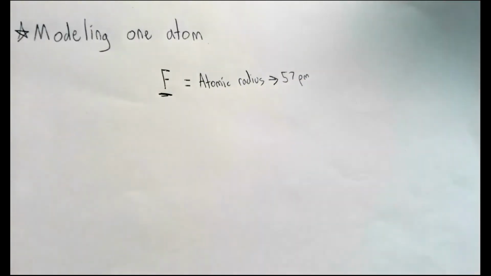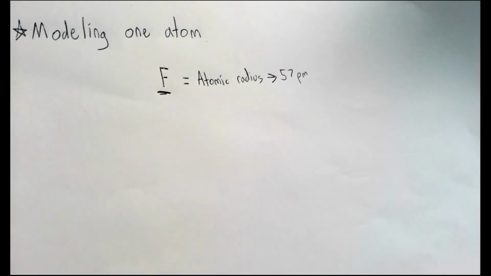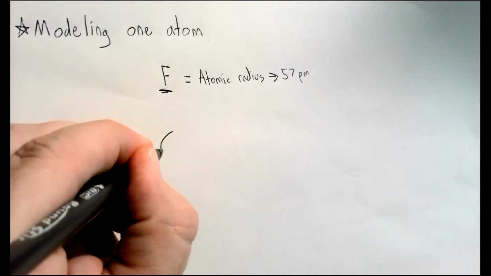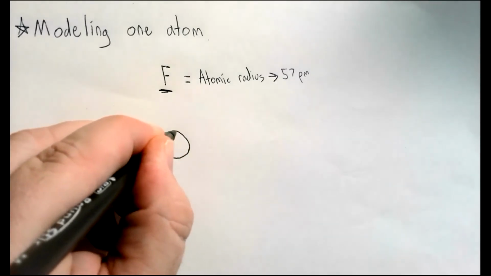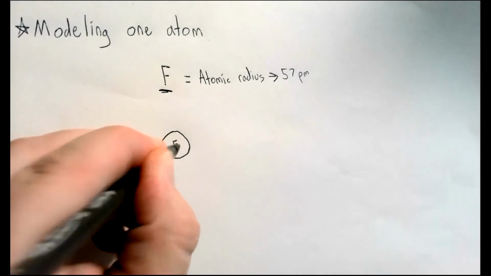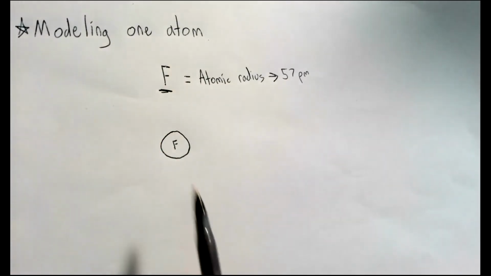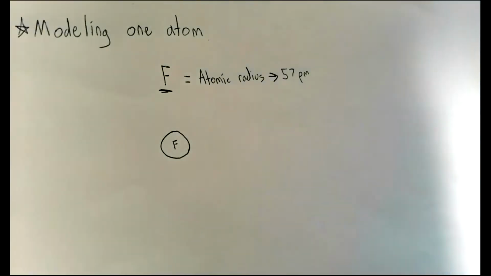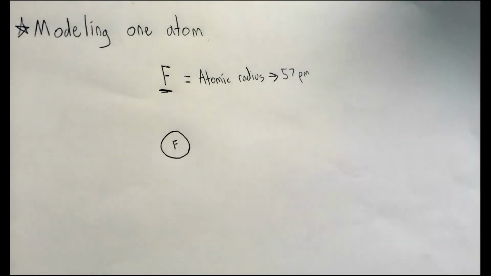So the next thing I'm going to do is get a circle drawn because I'm not going to go for a 3D representation. I'm just going to go for a 2D one. So we've got our atom with F in the middle because it is a fluorine atom. And then sometimes it's smart to take a different color, although this is definitely not required.